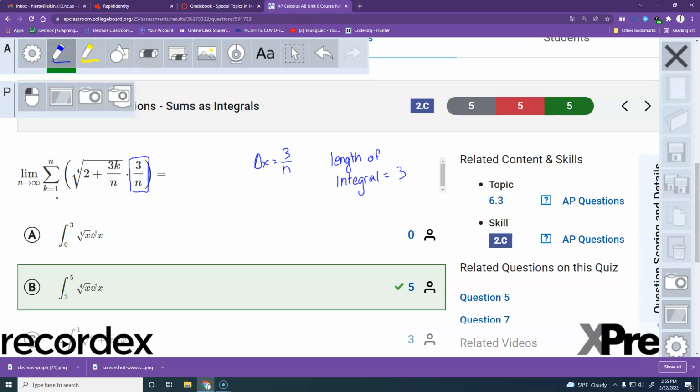So if we think about plugging in n, 2 plus 3n over n, the n's cancel. That would give you the 4th root of 2 plus 3, which is the 4th root of 5. That is the one you want to end at, so that gives you B. And then since you know your length of the interval is 3, it would have to start at 2 in order for that to happen, which is where this number right here comes from.